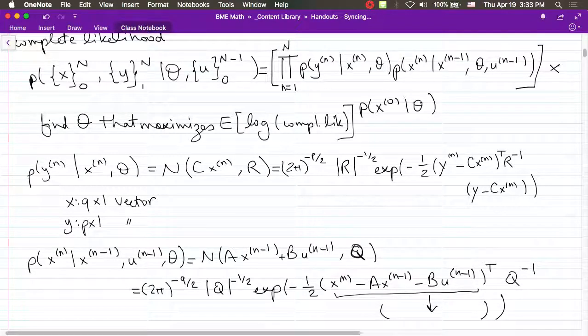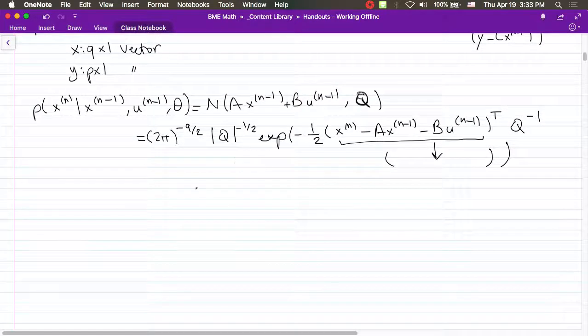The log of this likelihood is what we're trying to maximize. So we're going to find the log of this expression, find the derivative of the log with respect to the parameters that we're looking for, and then ask, can you find those parameters that maximize the expected value of this quantity?